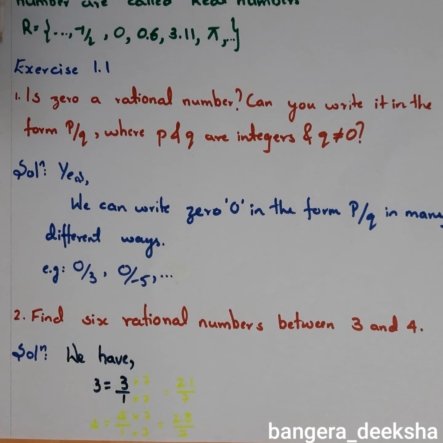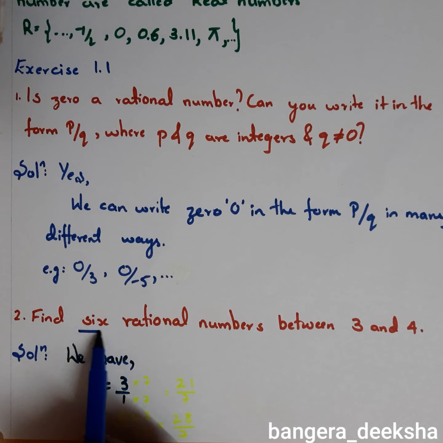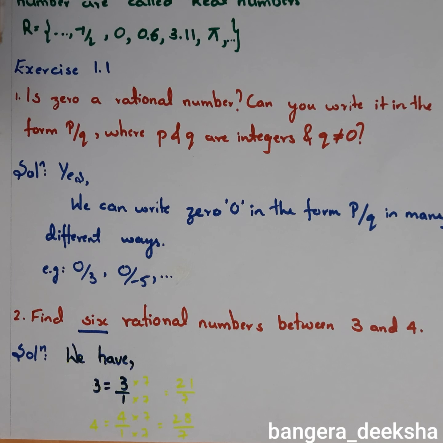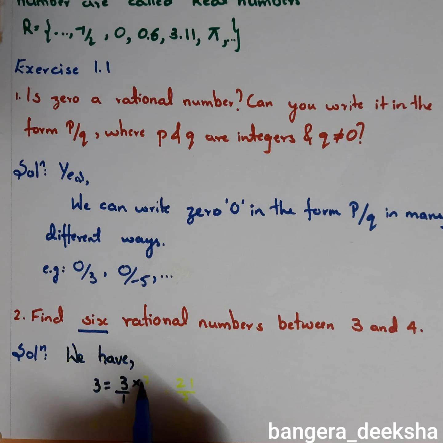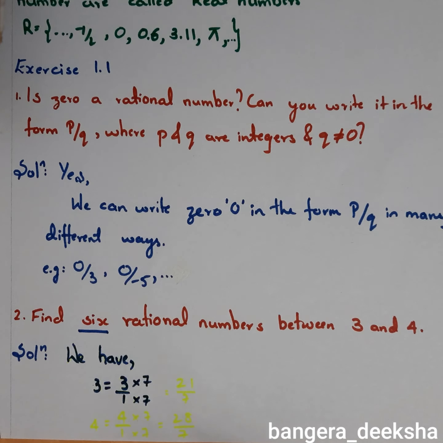We can write any whole number in the form p by q simply by dividing it by 1. Now here they have mentioned 6 rational numbers. So what you can do is multiply both numerator and denominator by 7.